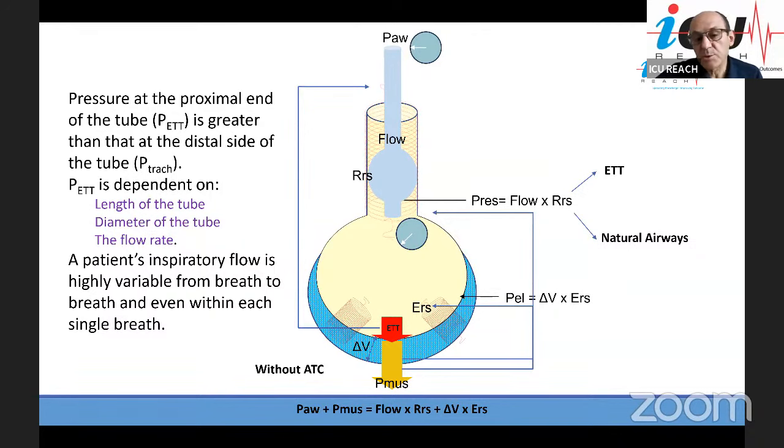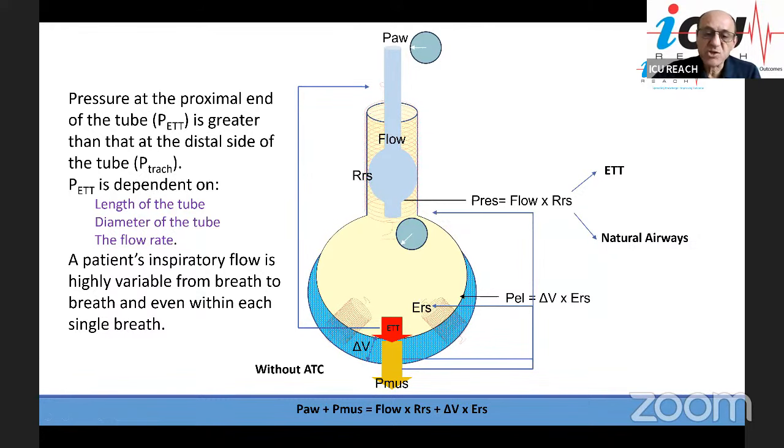Well, that's partially true, because that pressure could overcompensate or undercompensate the resistive load because of the variability in the inspiratory flow of the patient.